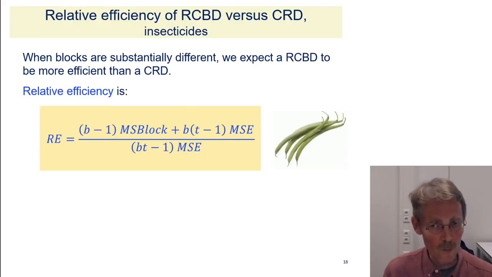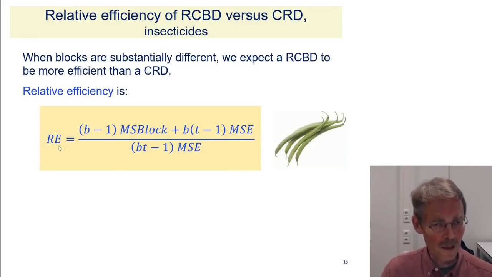So in general, you wonder, how valuable is blocking? Can I express the advantage of blocking in a number? You can. That number is here. It's called the relative efficiency. I'll explain in a moment with an example, still with the string beans, with string beans and seeds emerging from string beans, what it is about.